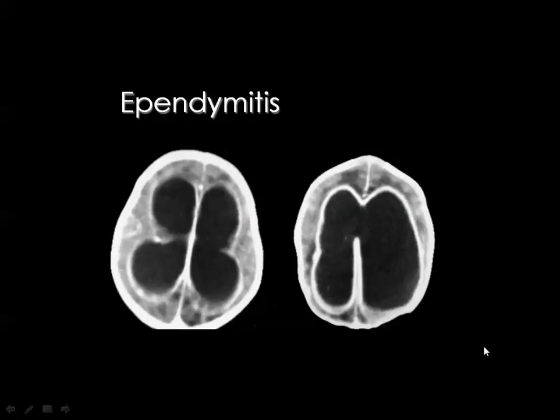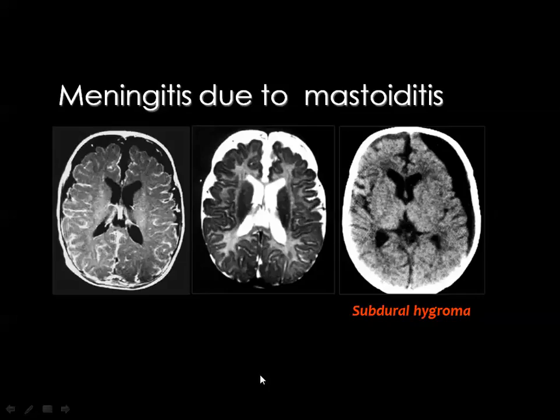Whenever infection has reached the ventricle, it will result in inflammation of the ventricle with intense and uniform enhancement of the ventricular wall, and this is known as ependymitis or ventriculitis.